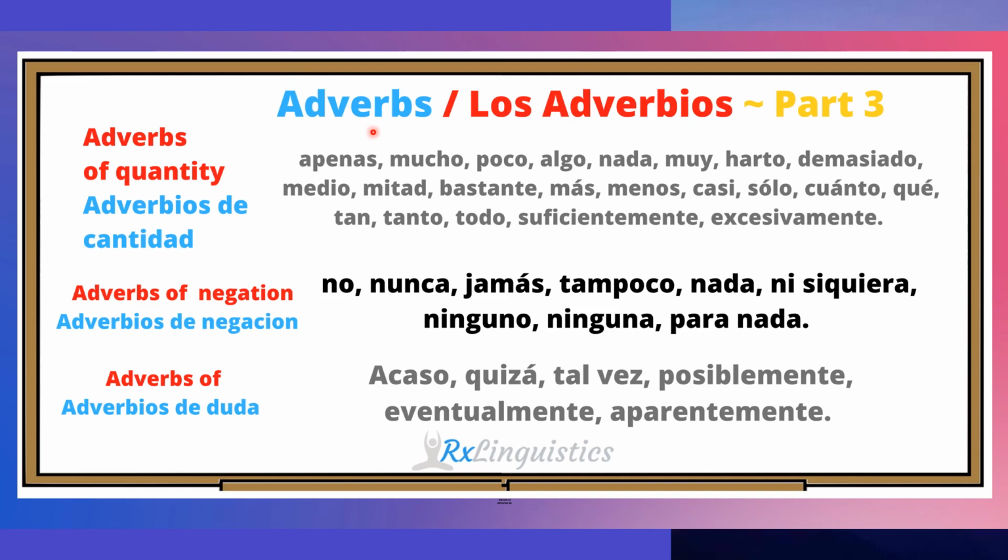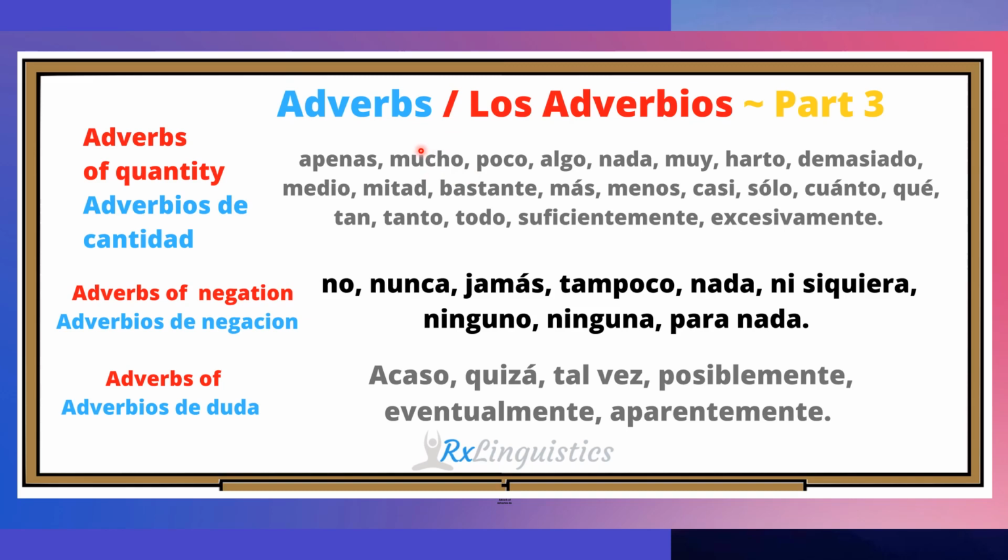verbs, okay? If you want to say she speaks too much, you can say ella habla mucho. Ella habla mucho. Okay? Mucho is describing the verb hablar, which is to talk.